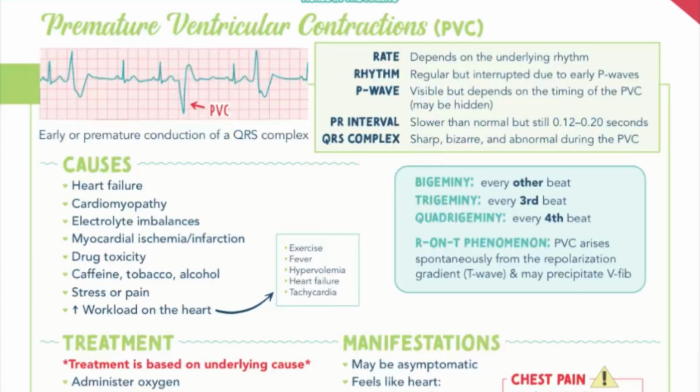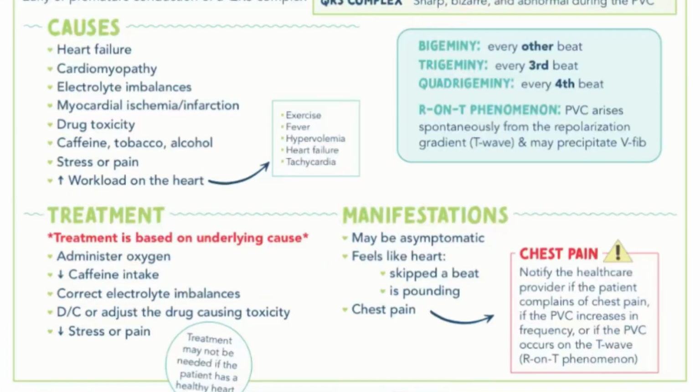So you can remember. What is the treatment? Here the patient is mostly asymptomatic. The patient may just feel chest pain, or feel like the heart skipped a beat or is pounding. So treatment is based on the underlying cause.